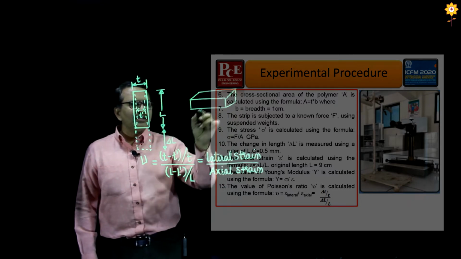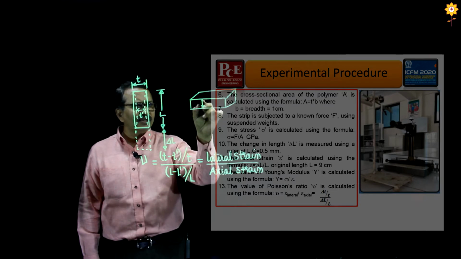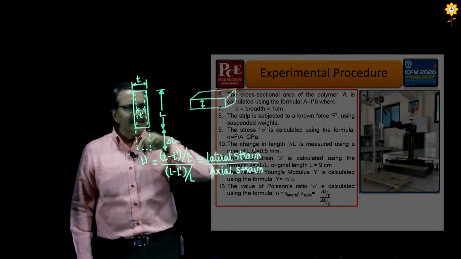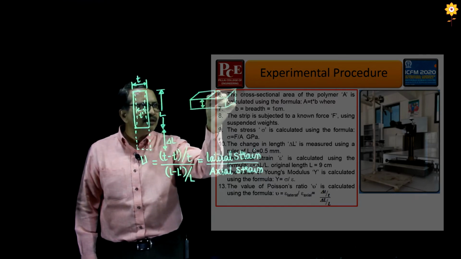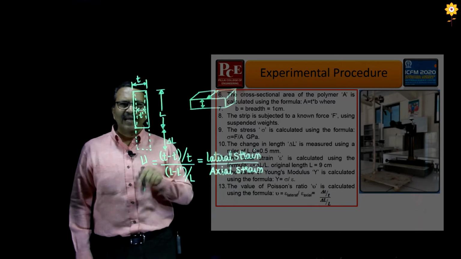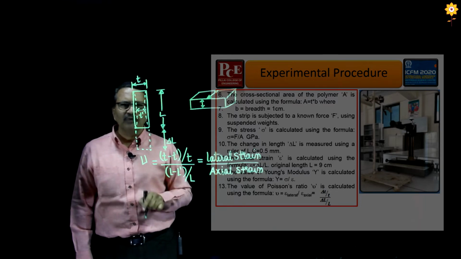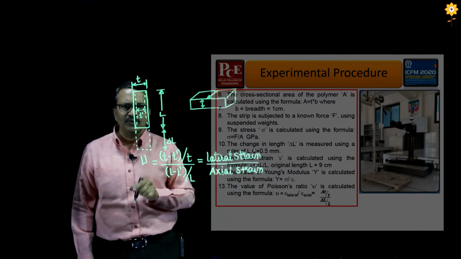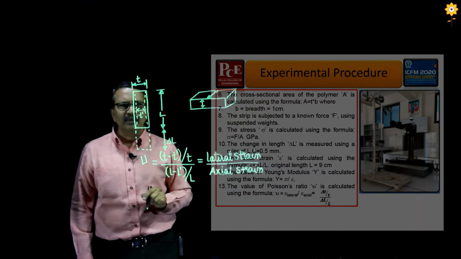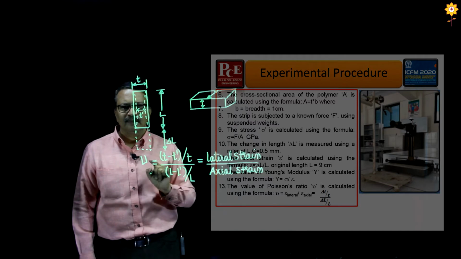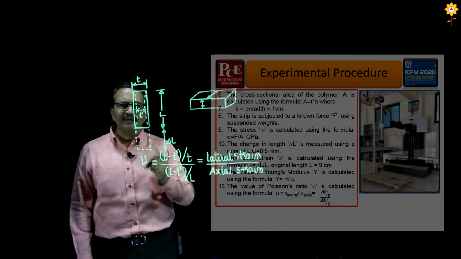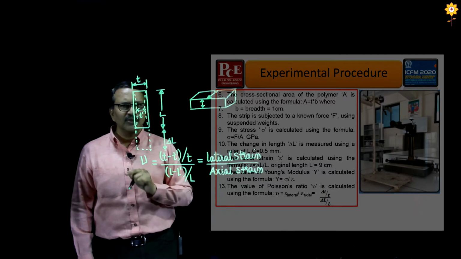In the first case we measured the change in this thickness, and in the second case we measured the change in this thickness, and both of them will yield values of the Poisson's ratio, because both of them are perpendicular to the axial strain, or rather to the axial extension. So these are two different ways in which we have calculated Poisson's ratio.